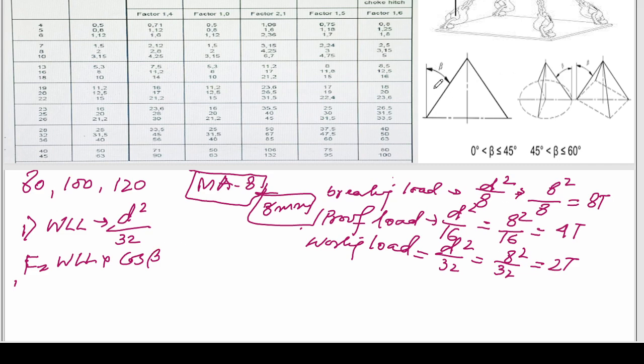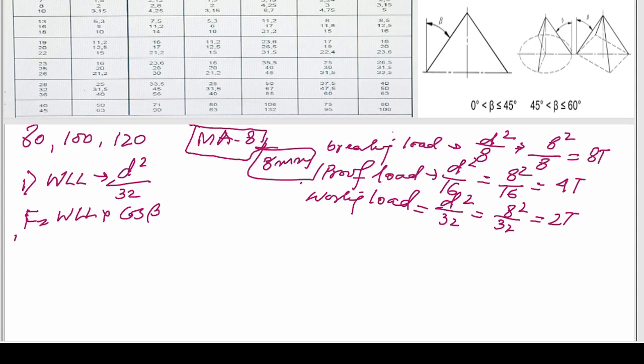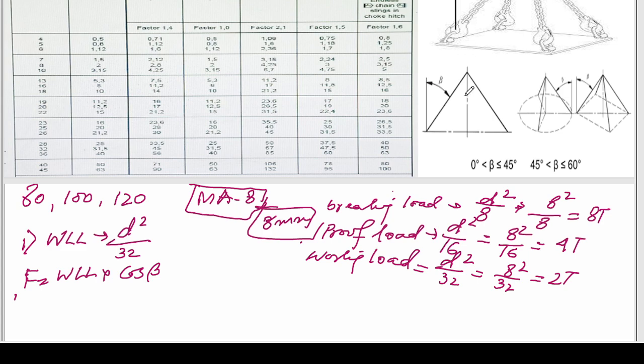Cos beta is the base divided by the hypotenuse, the length of the sling. So height by length of the sling gives cos beta. So WLL into cos beta gives the factor. This factor depends upon the number of legs as well as the variation of angle.